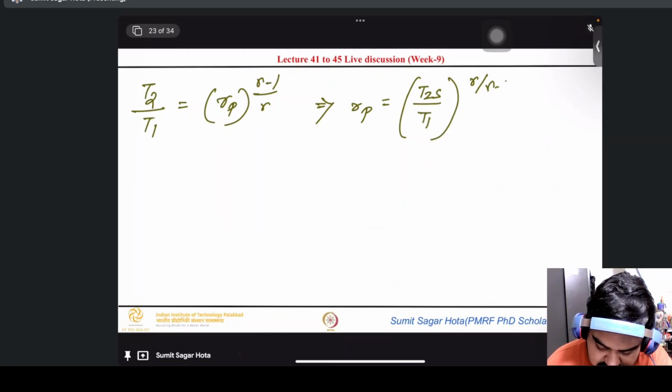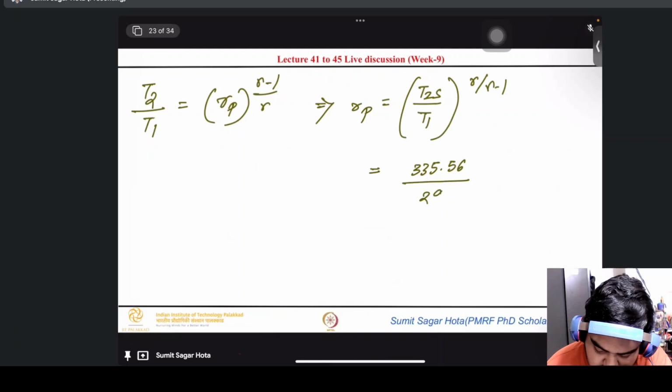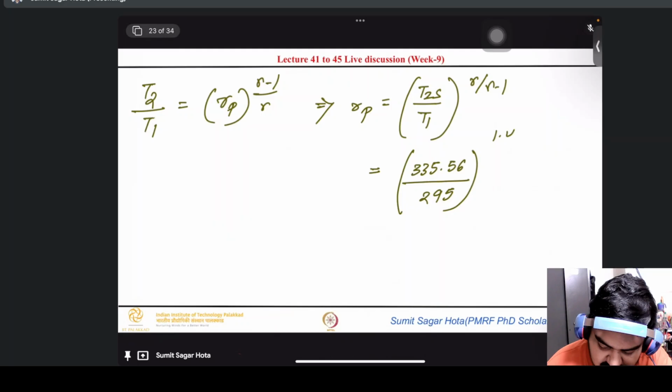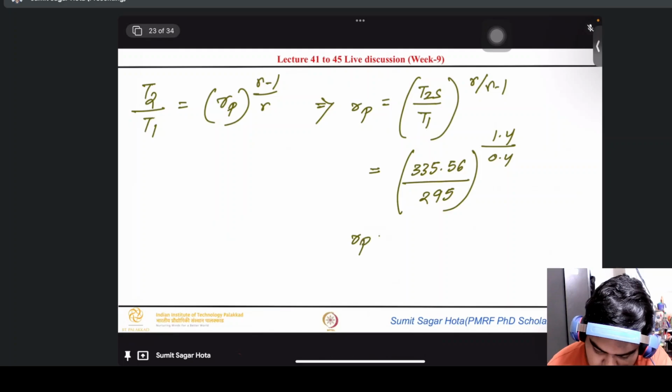Okay, substitute all these values. 335.56 divided by 295, then 1.4 by 0.4, RP equal to 1.56.